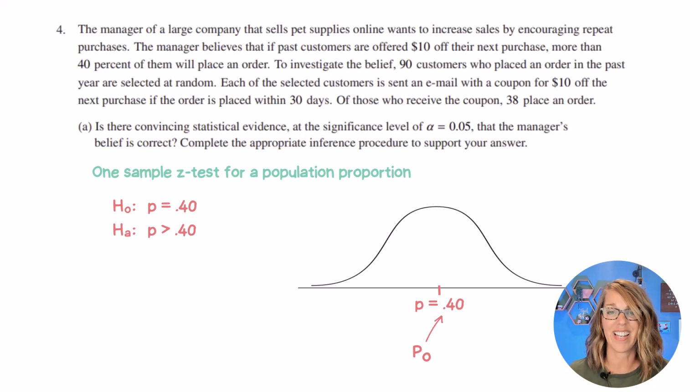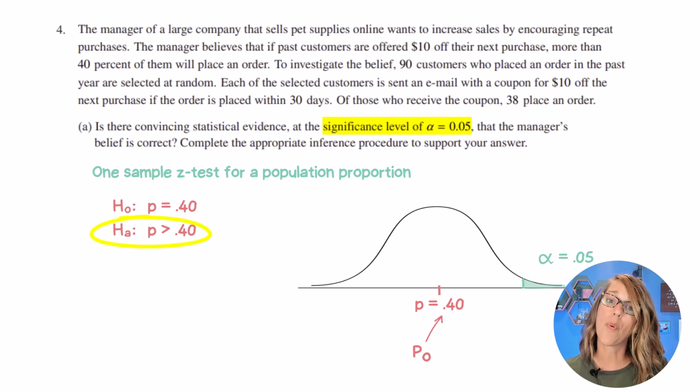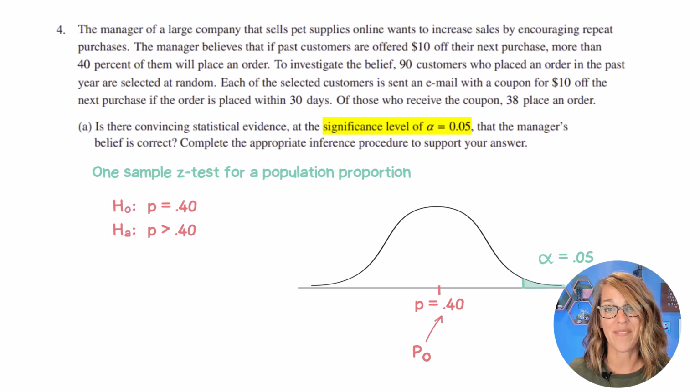Down there in the last sentence, part A, it says at the significance level of 0.05. Well, the entire area is 100%. 0.05 is 5%. That greater than symbol means that we're pointing to the right. I want to be in the upper 5% of all of our sample proportions.